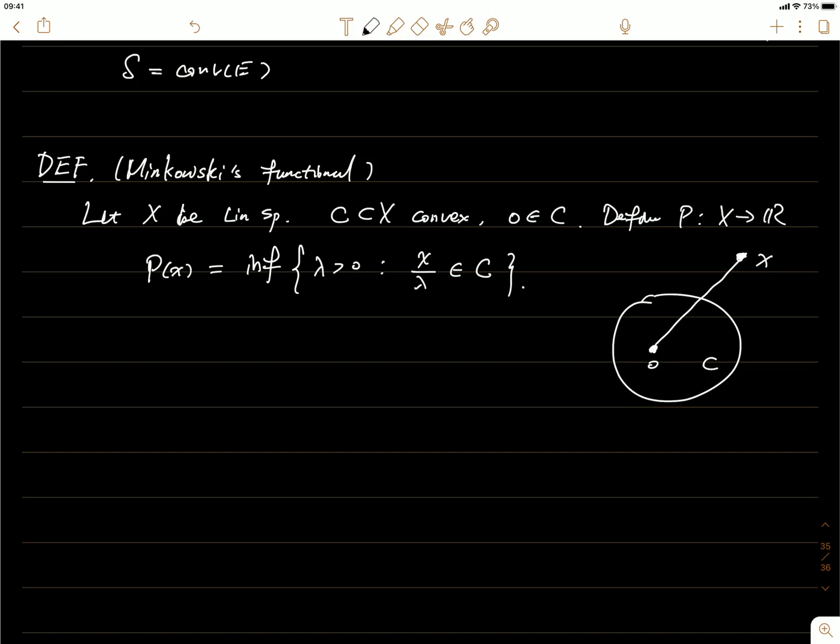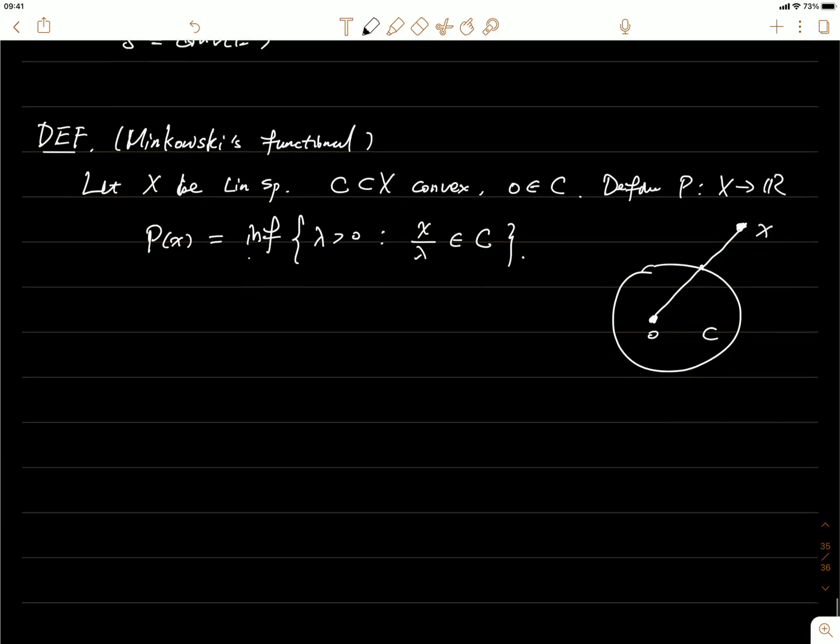Anything bigger than 2 will be fine. Say you divide x by 100, then still it will be inside C. But what is the smallest possible number you can use to divide x? That is the number p(x). It tells you the scalar lambda. But this is taken as the infimum, not actually the minimum, so let's be careful about that.